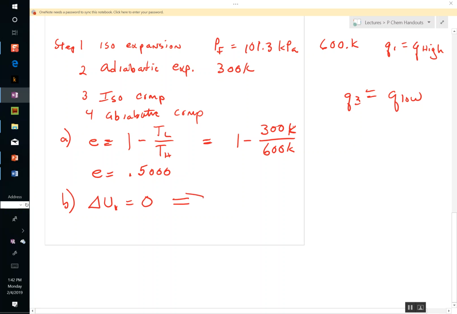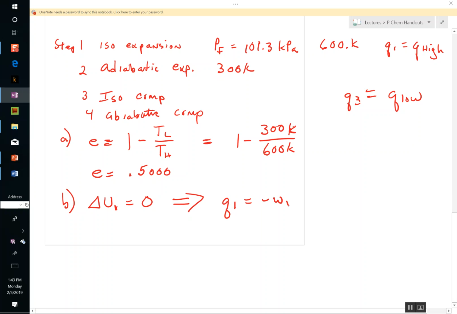So that means that Q1 equals what? Okay, negative work 1. Okay, now where do you go? You can calculate work, can't you? What equation would you use for work?